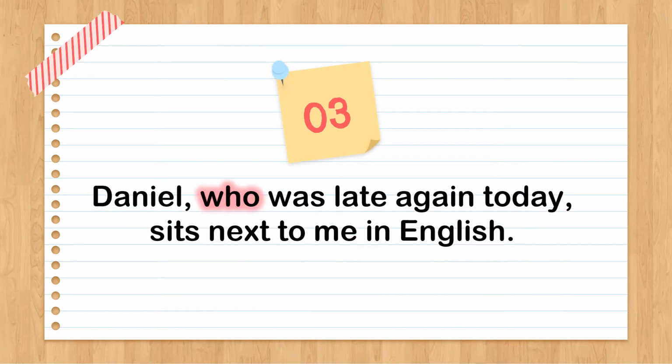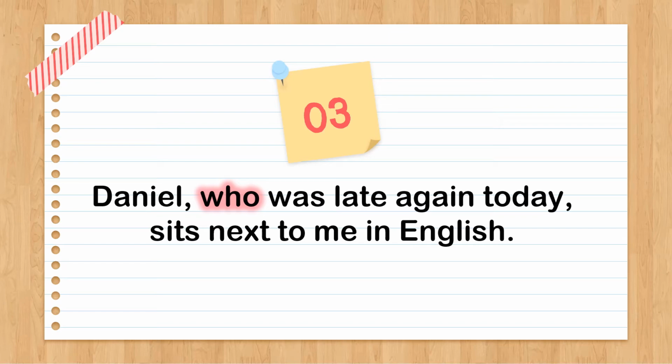Third: Daniel, who was late again today, sits next to me in English. The antecedent in this case, or the subject, is Daniel, right? Daniel sits next to me in English. That is the independent clause. You have the subject, the verb, and that is a complete sentence.